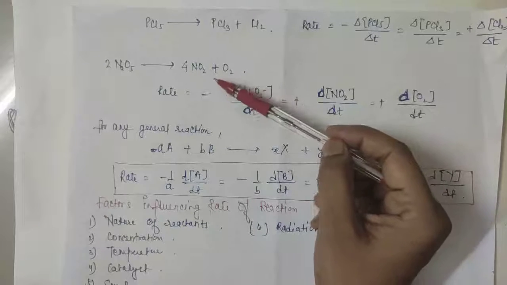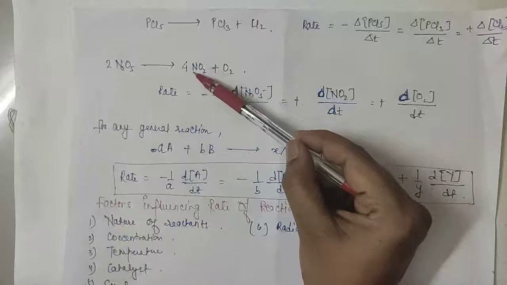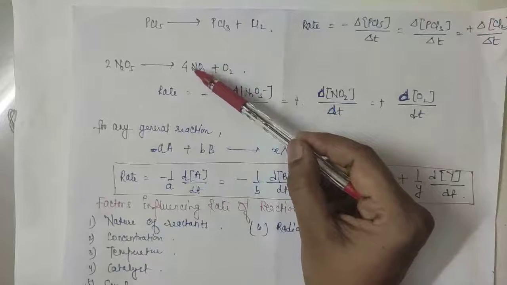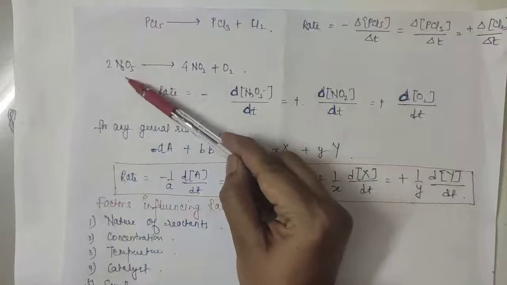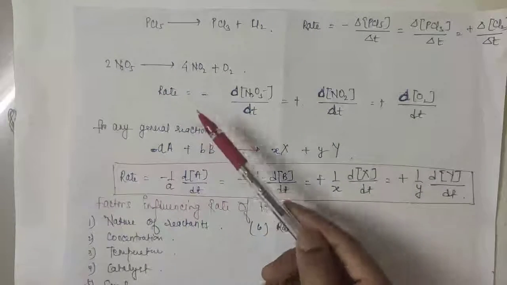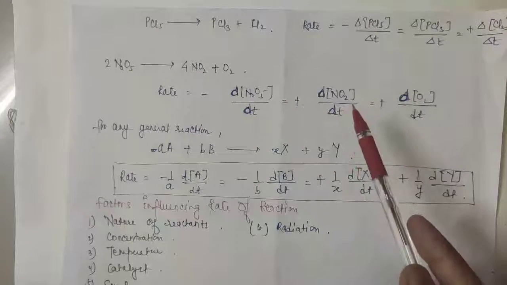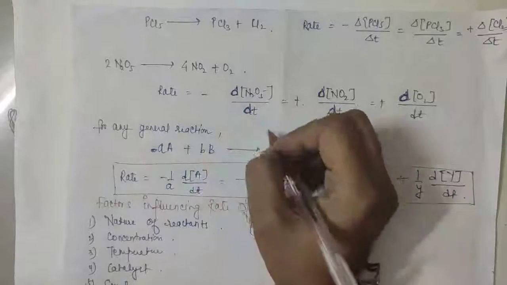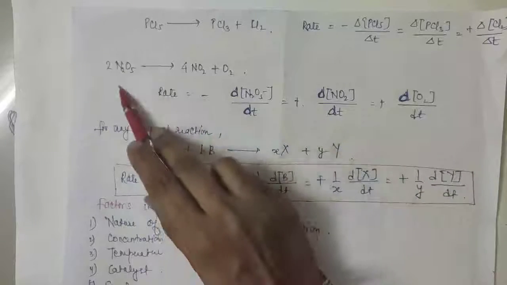Okay. Similarly, the rate of appearance of NO2 is 4 times the rate of appearance of oxygen, which is also twice the rate of disappearance of N2O5. So the rates obtained by these expressions have different values because they are not equal. So what we do is divide each rate expression by its stoichiometric coefficient.